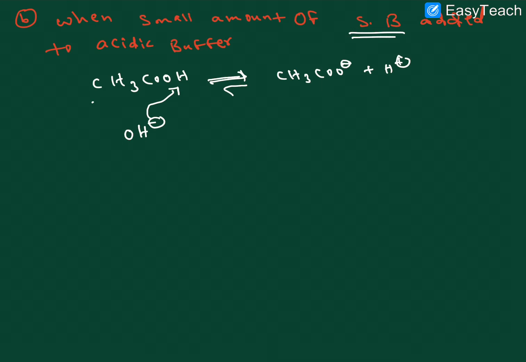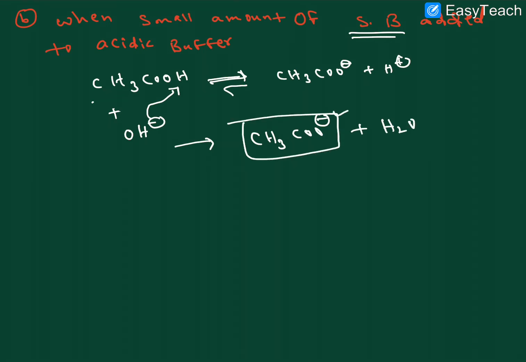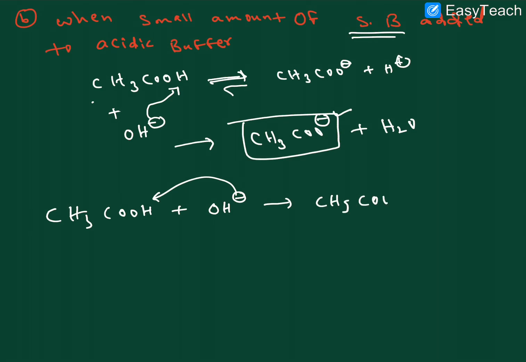So this OH minus can react with this acetic acid. So what is generally forming here? Acetic acid plus OH minus react to form acetate ion, CH3COO minus, plus H2O. Whenever we add the base, the acetate ion concentration increases, because the OH minus ions react with the acetic acid to form acetate ion.